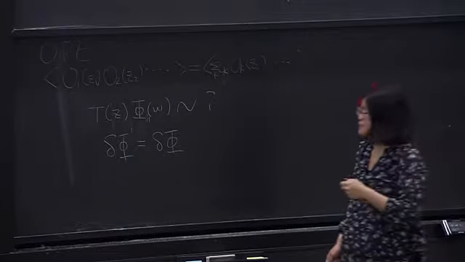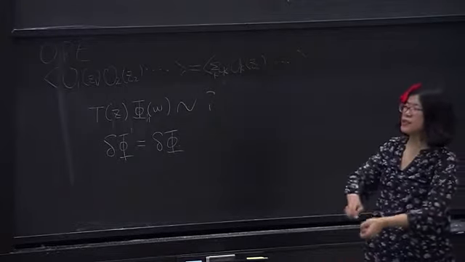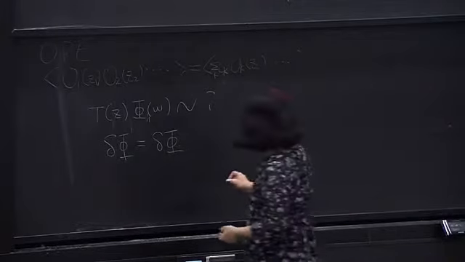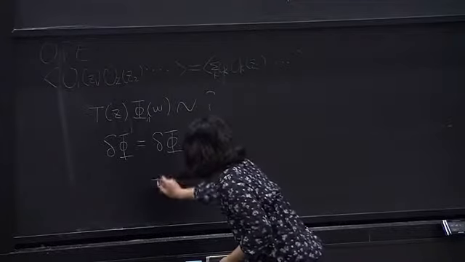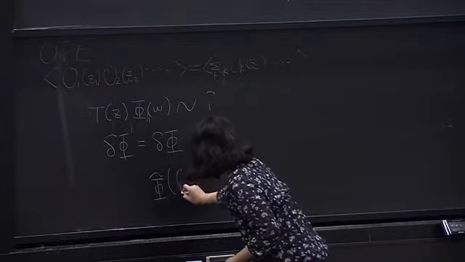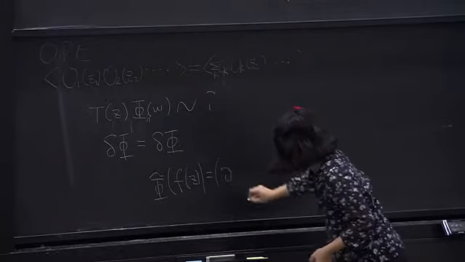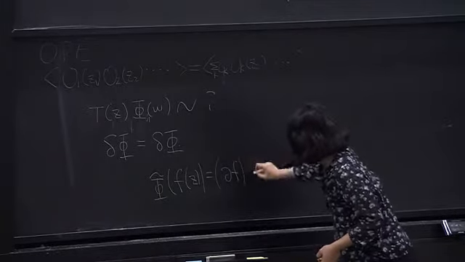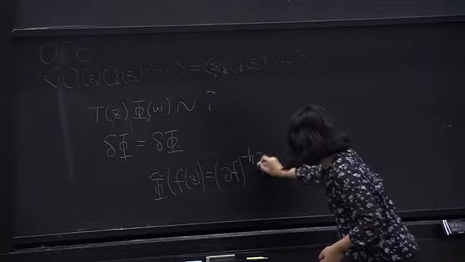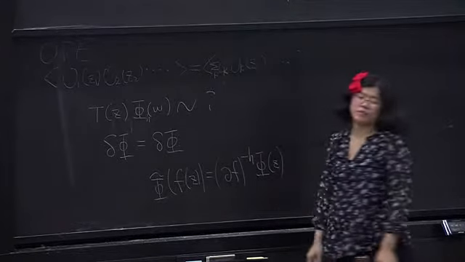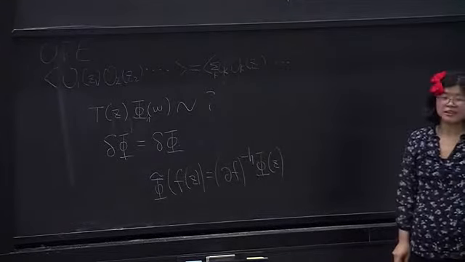We define things to transform this nicely. If phi tilde at f(z) is given by (partial f)^(-h) phi(z), we call it a primary.